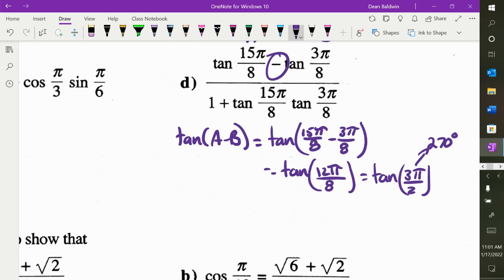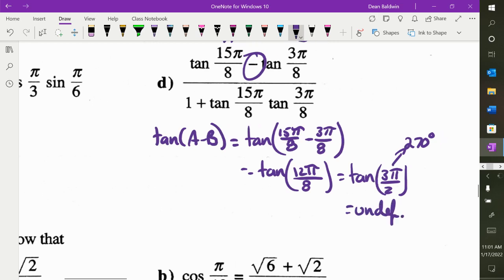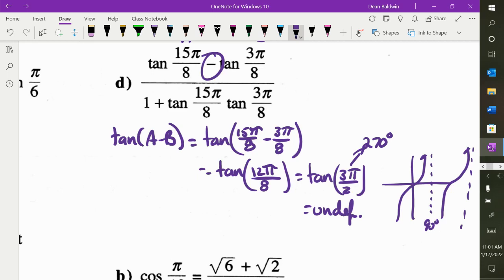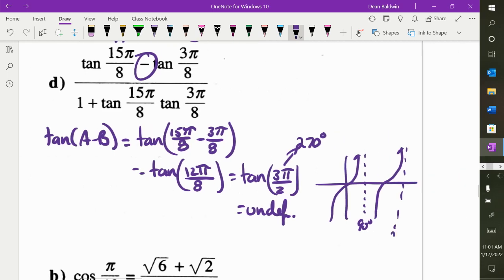So what's the answer? Undefined. If you punch that in your calculator, you're going to get error. Error 2, sorry. The reason it's an error is because if you remember the tan graph, there's an asymptote at 270.